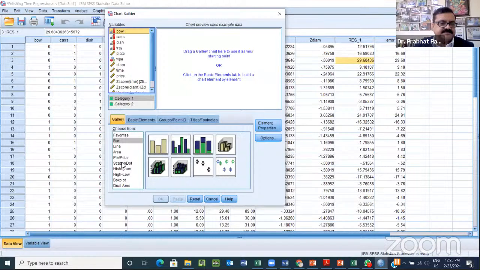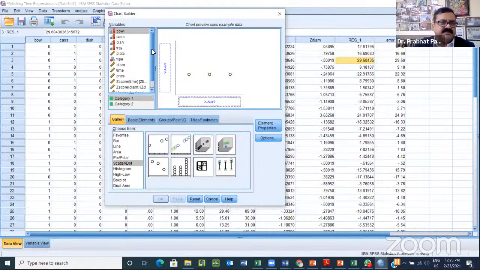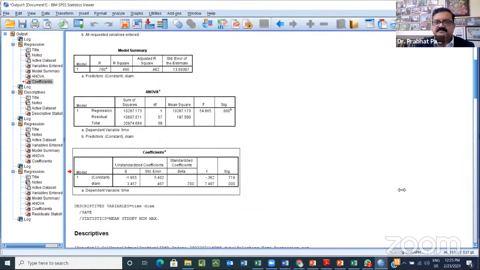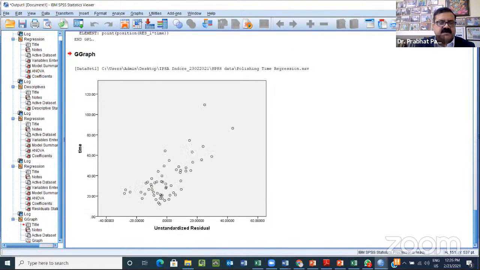So we go to, let's say, scatter dot plot, drag it here, and put the unstandardized error over here, and the value of time over here, and then we'll say okay. So what it does is it gives us this graph. This is the error distribution in front of us, right?